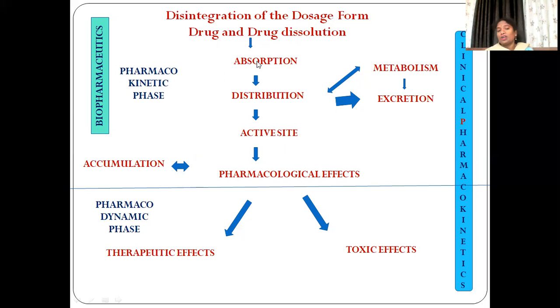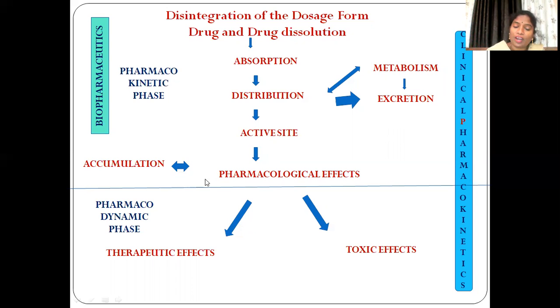After absorption, it is distributed through the various organs. After distribution, it is metabolized and excreted from the body. After distribution it reaches the site of action, where it shows the pharmacological action, and after completion of the pharmacological action, the drug is eliminated. Sorry, the arrow marks here refer to that. After that it is excreted from the body.